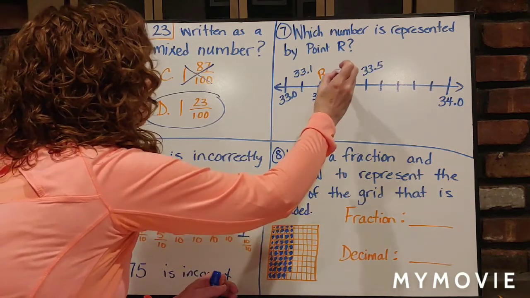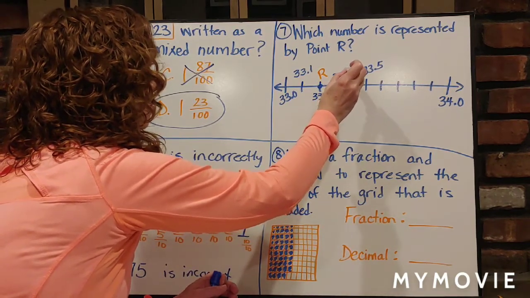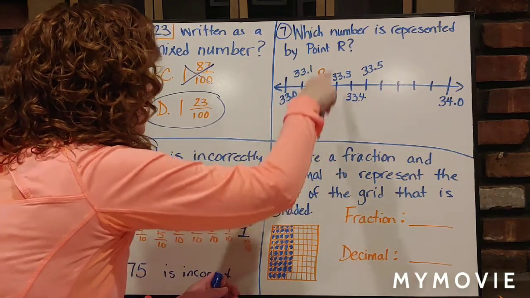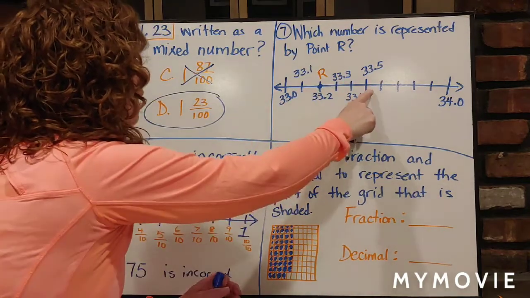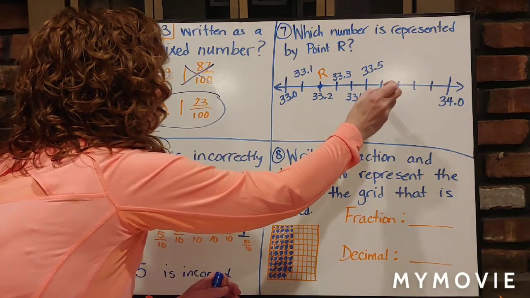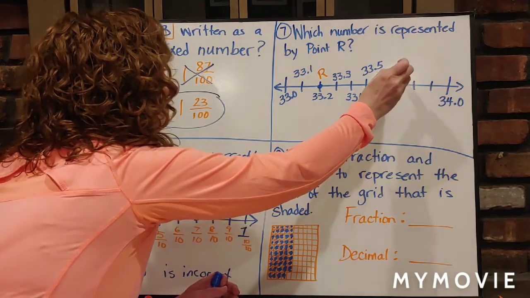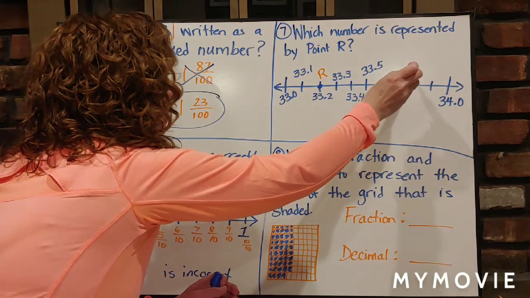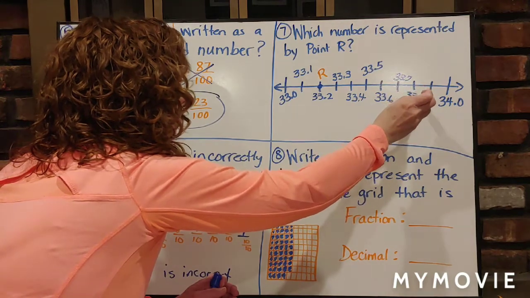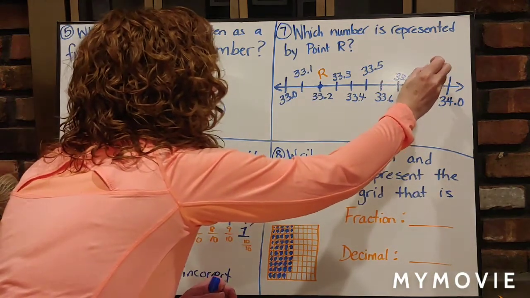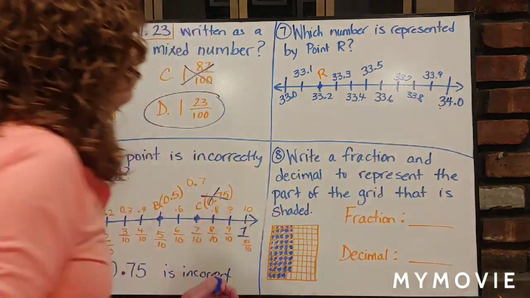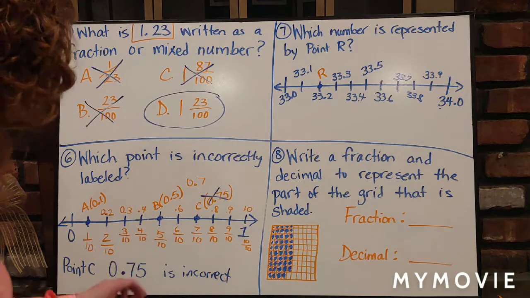Let's keep going, see if we're right. Now, if you notice, I'm going up and down because it's just too many numbers to be there. And look, this is right, 33.5, that's the number they gave us, so that's right. And then we'll do 33.6, 33.7, 33.8, 33.9, 34.0. So R, we'll put it at the bottom.